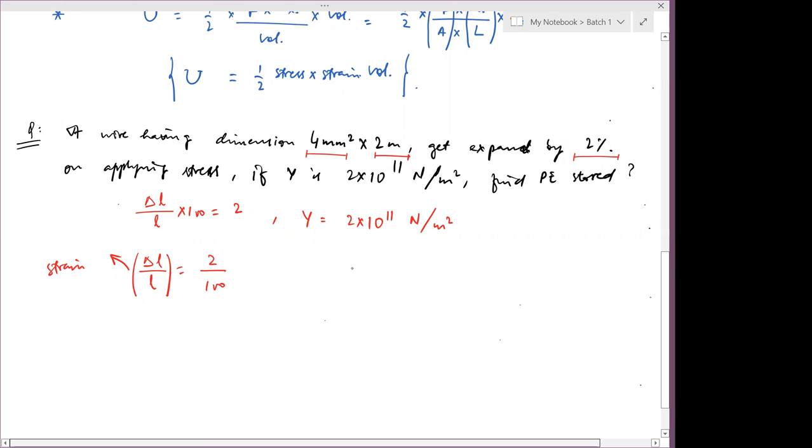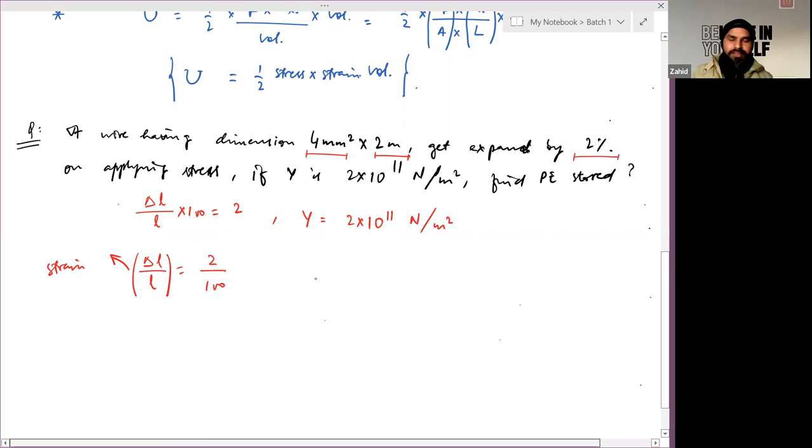Let me define how to simplify it in an easier form. Potential energy equals half stress into strain times volume. So for using this part, we need a stress. One way is to find stress using Young's modulus and strain. The other way is to define Young's modulus equals stress divided by strain.